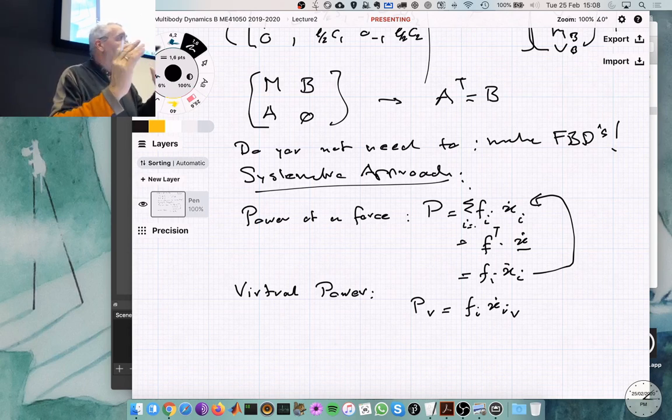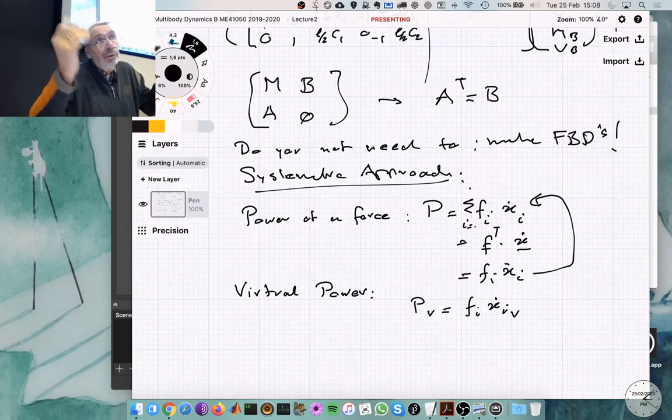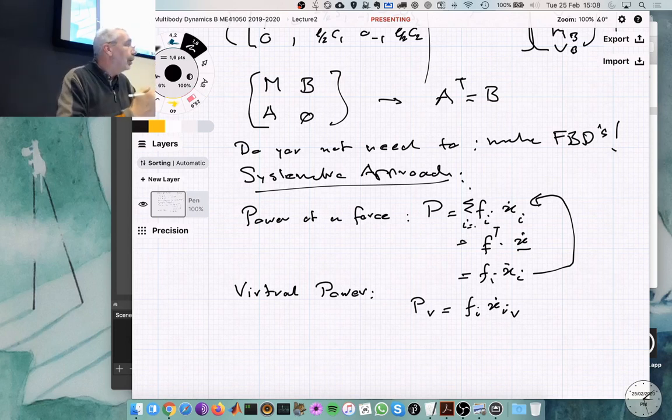So virtual power is defined as the actual forces working on the system times the virtual velocities. Virtual velocities are not things which should be small, it's just a hypothetical velocity distribution. For instance, for our system, we could say x dot is 1 and the rest is all 0. That's a virtual velocity field. Or x dot is 3 and y dot is -2, and you can think of anything.